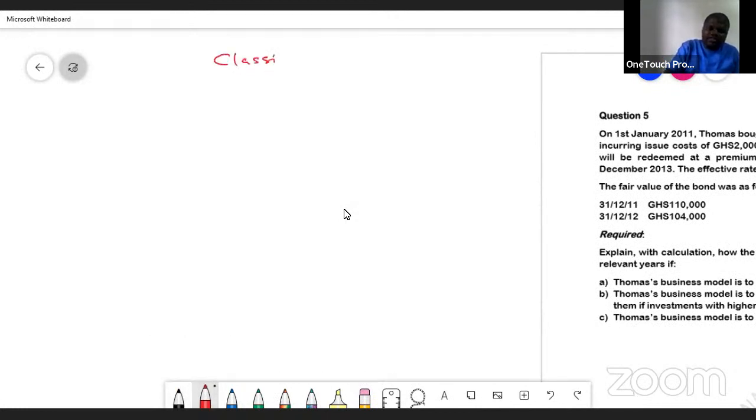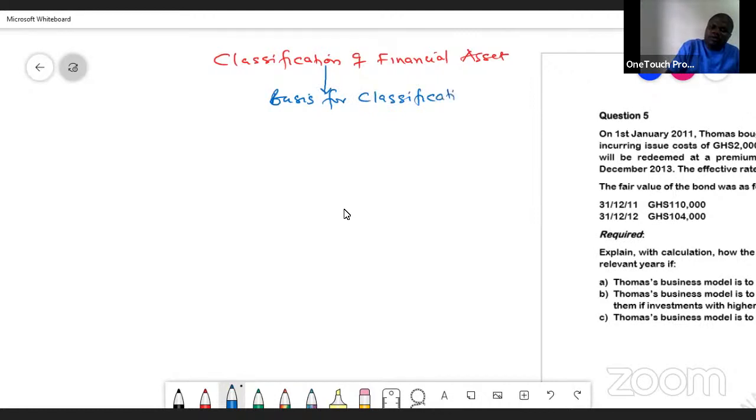We have the classification of financial assets, and the basis for the classification. The three classifications are based on the following.